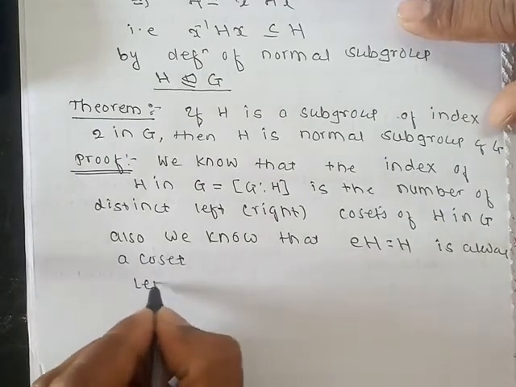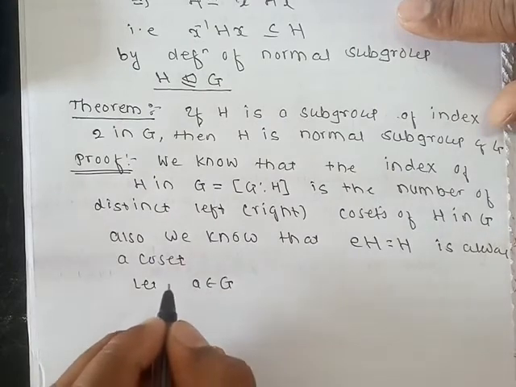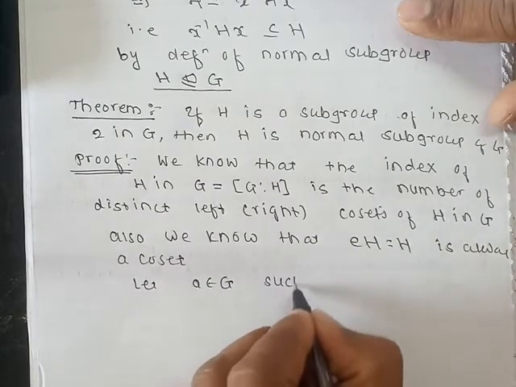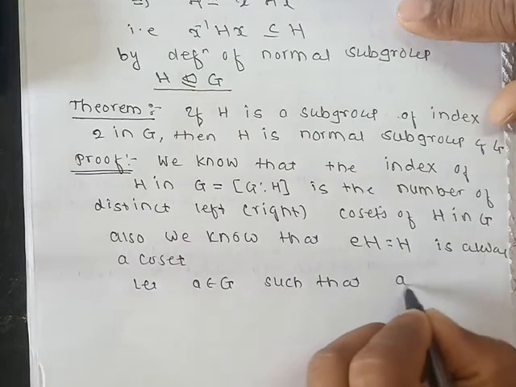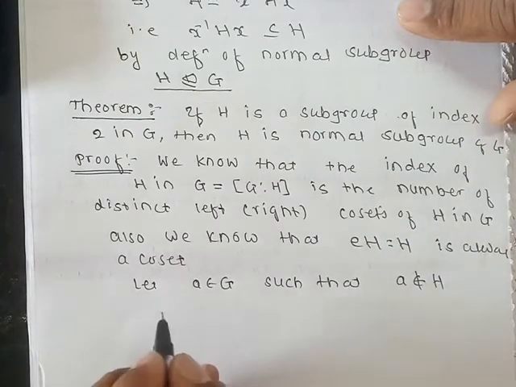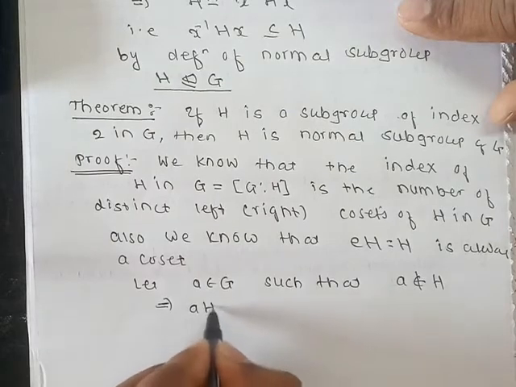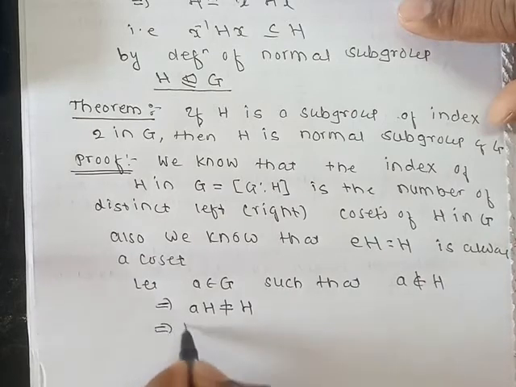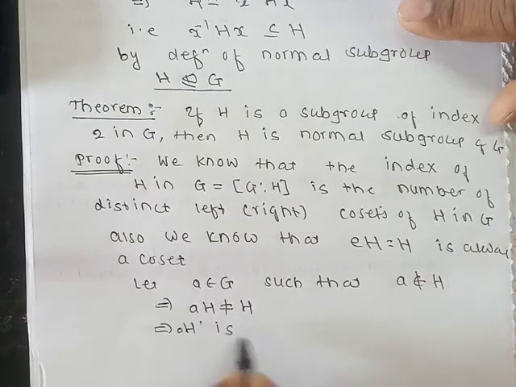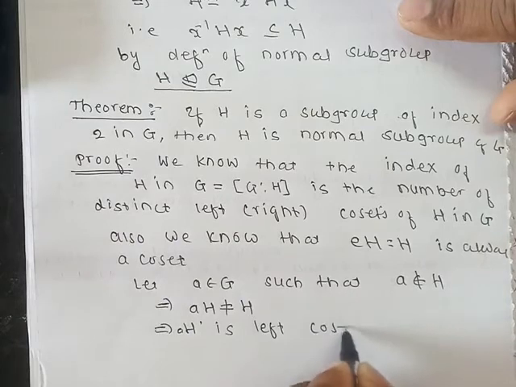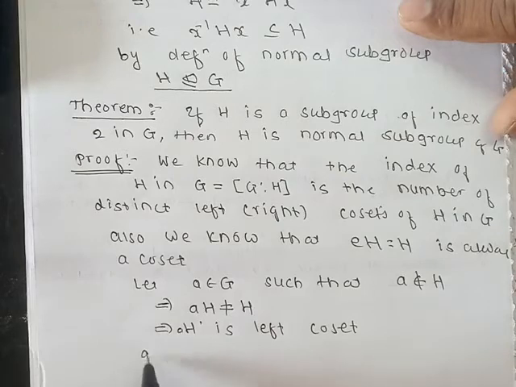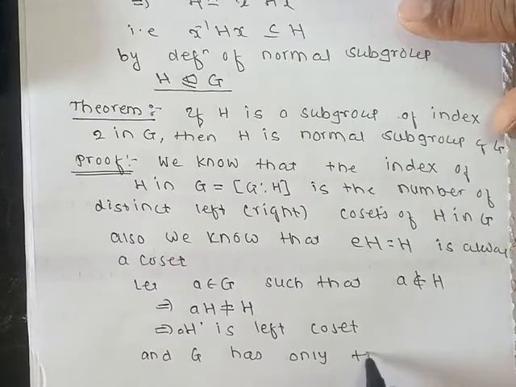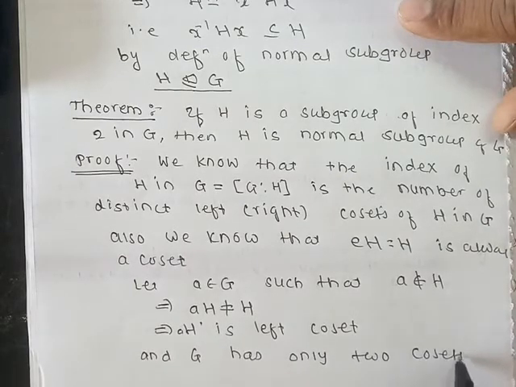Now let small a belong to capital G such that a does not belong to capital H. This implies a H is not equal to H. So this implies that a H is a left coset, and G has only two cosets.